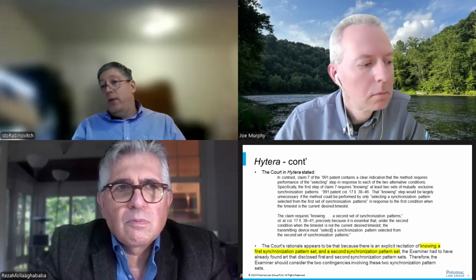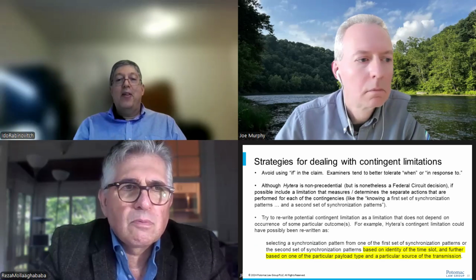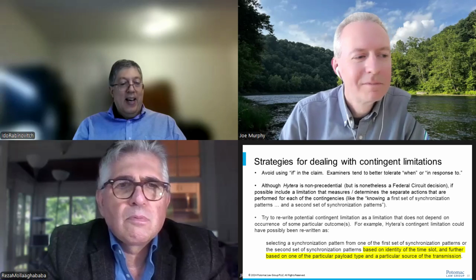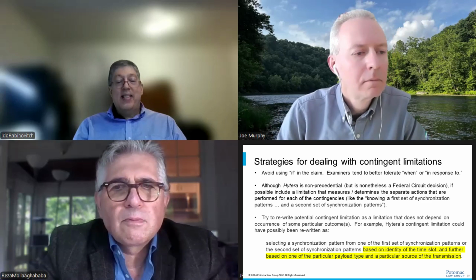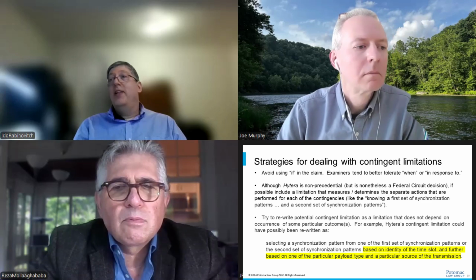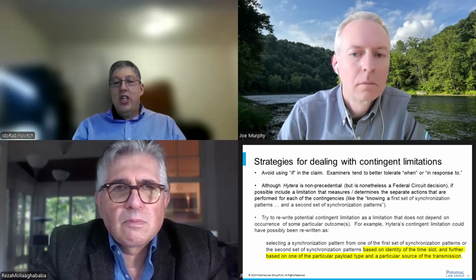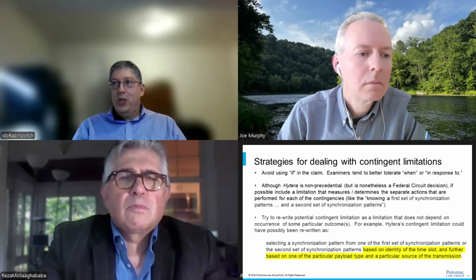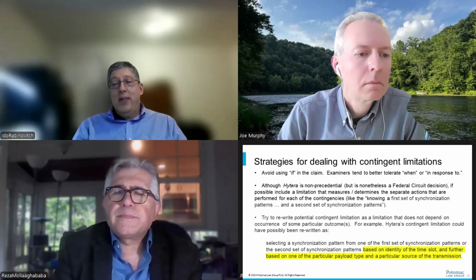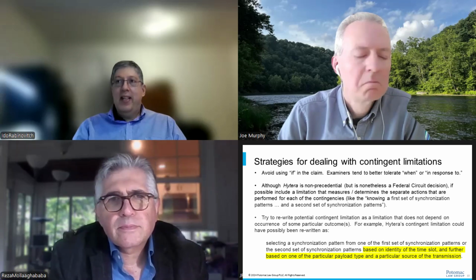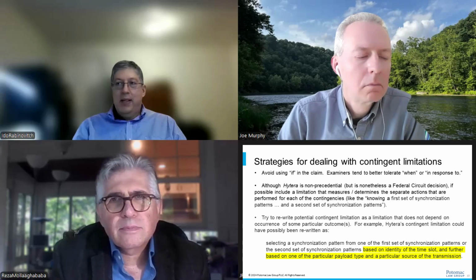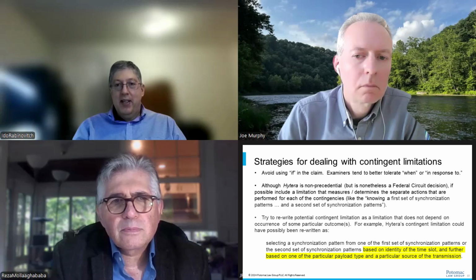Now we're in the section of how to deal with that, and I guess the first thing we should all avoid is using the express recitation "if." I don't think I've ever used "if." I've seen it used, but I find it a little too algorithmic.